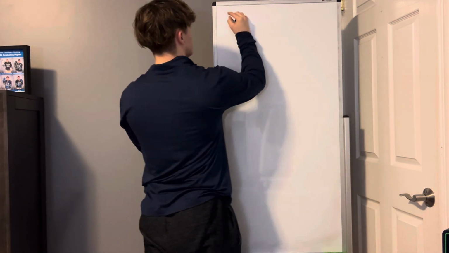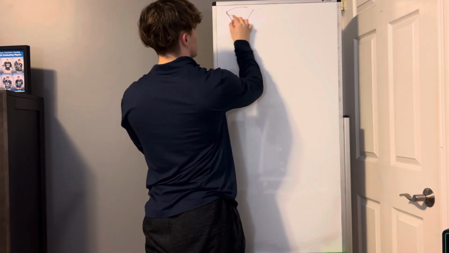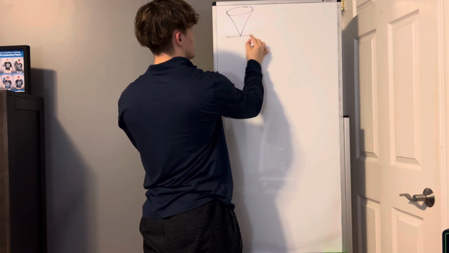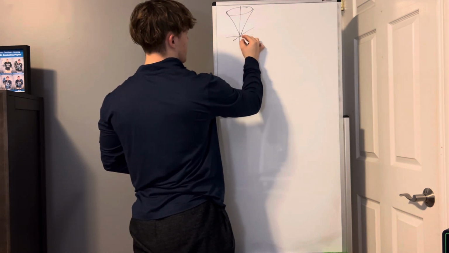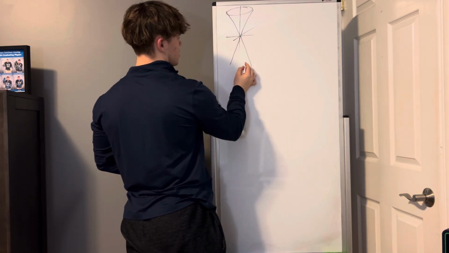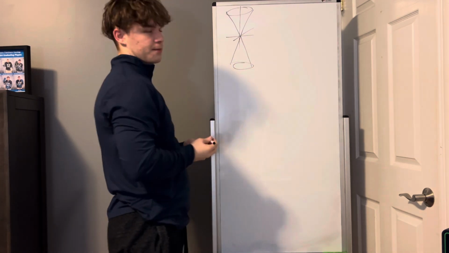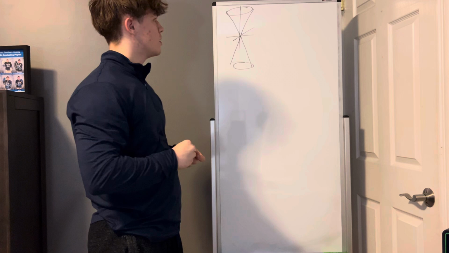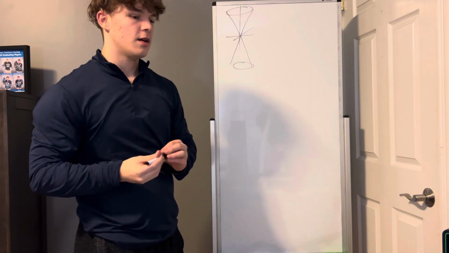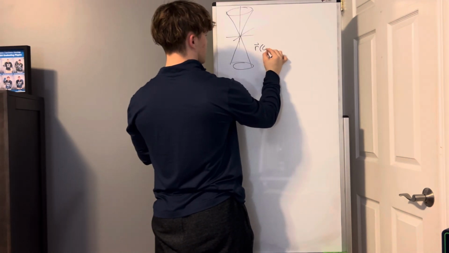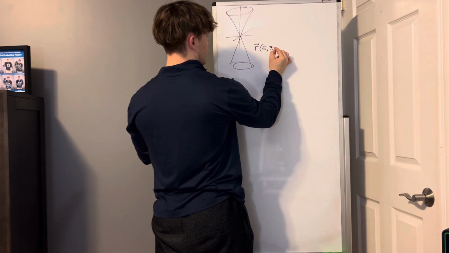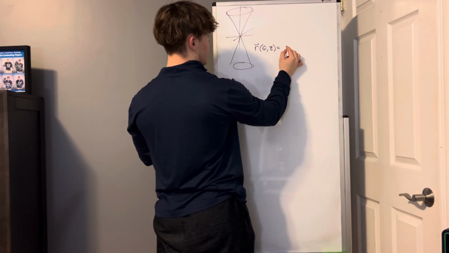Let's talk about cones. So cones look like this. Of course, we talked about this in our earlier video, but remember that they can also go down like this. And so, once again, we are going to have a sine theta and cos theta, and we're also going to have a z again.